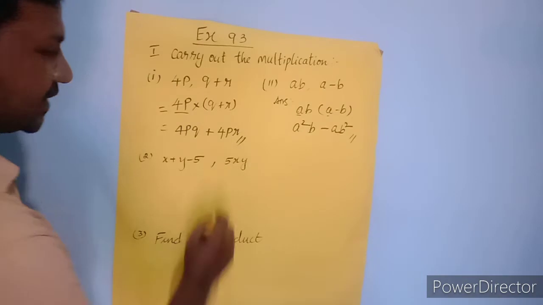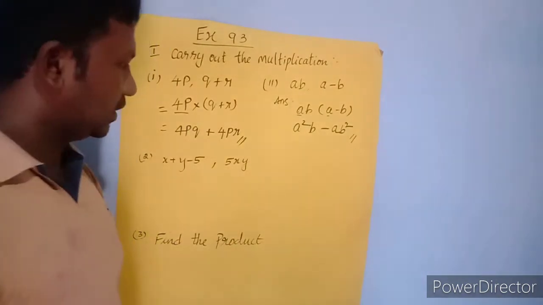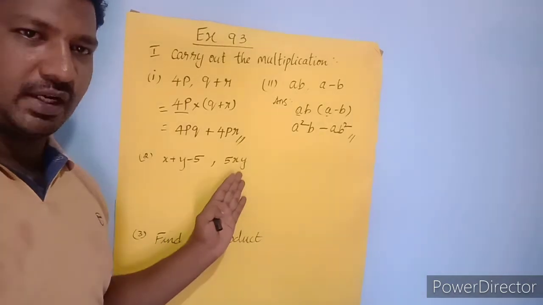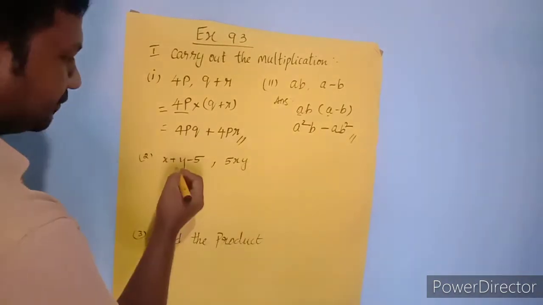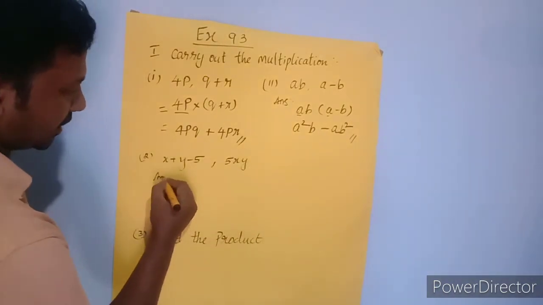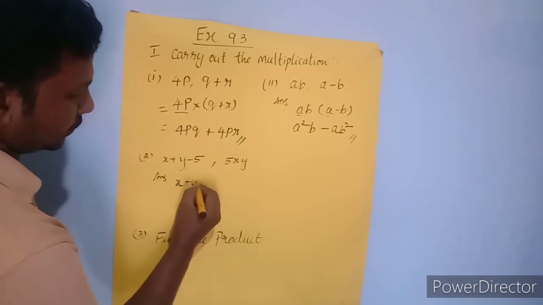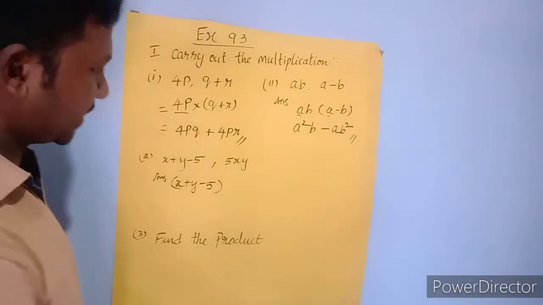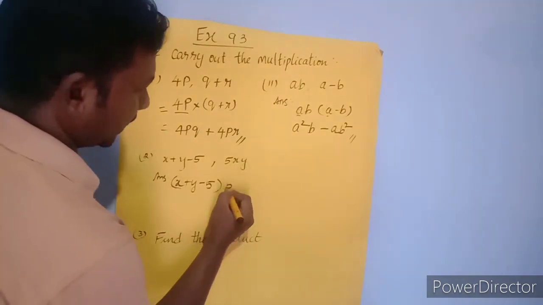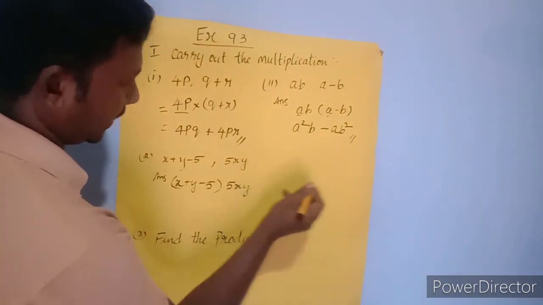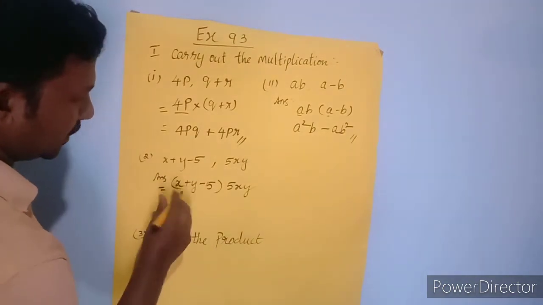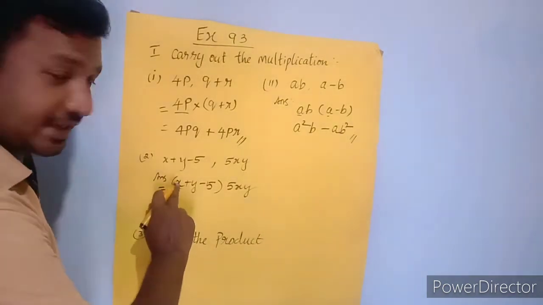Second exercise, they have given a trinomial and one monomial that we are going to multiply. You can write the first expression, x plus y minus 5, bracket means multiplication, into 5xy. See here, the first term is x.